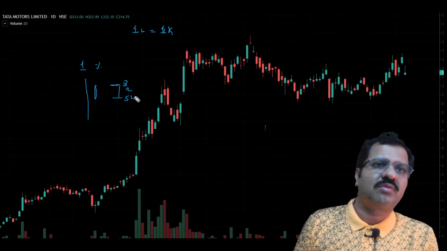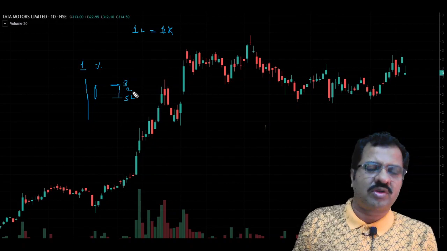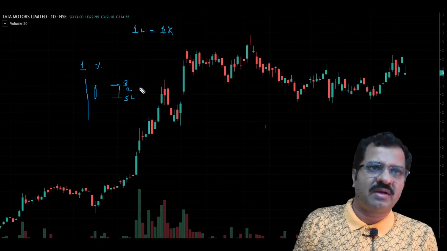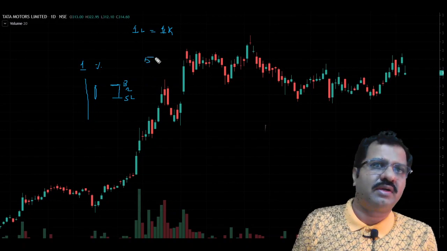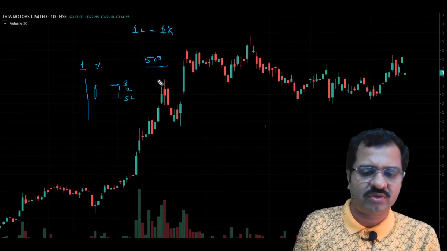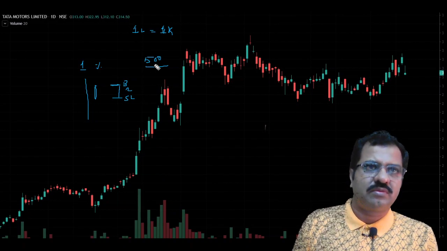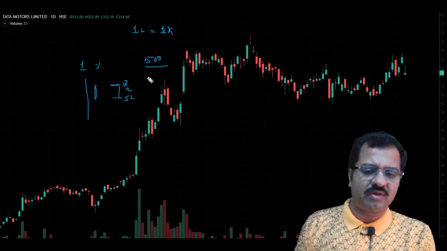So your stop loss is 2, and the maximum quantity you will buy is 500. 500 into 2 is 1000 rupees. So you should buy 500 quantity only, not more than that.